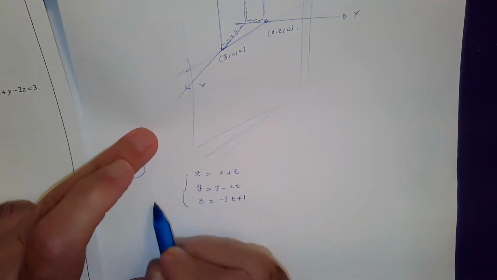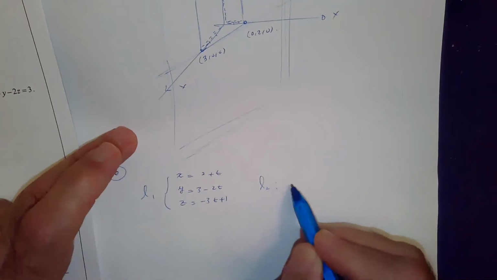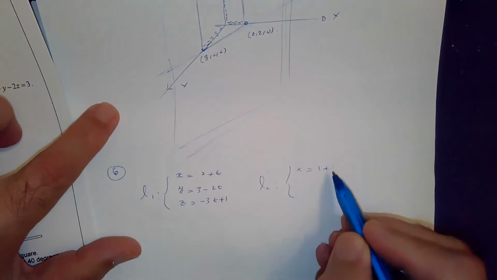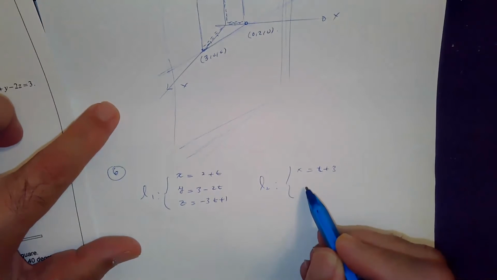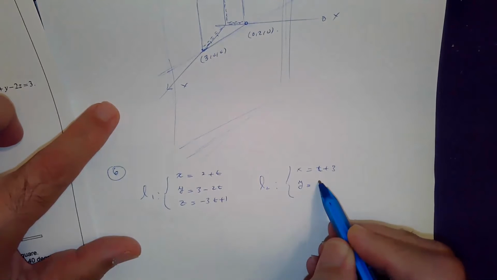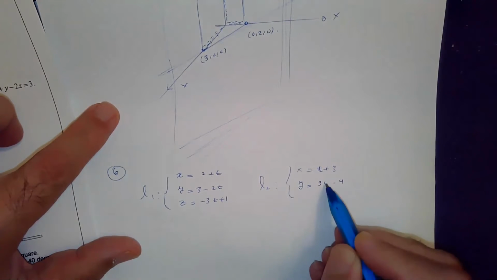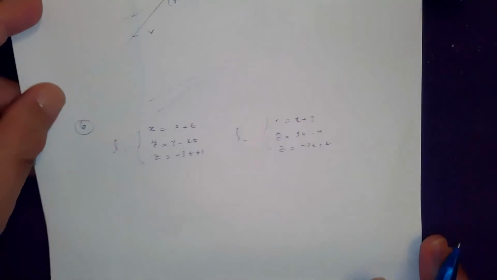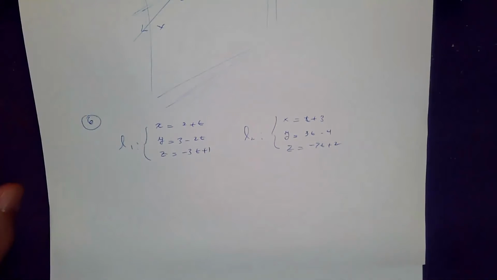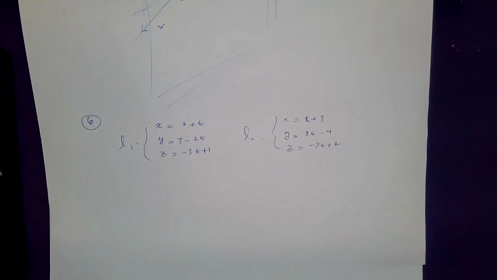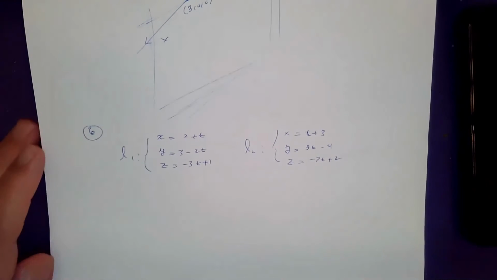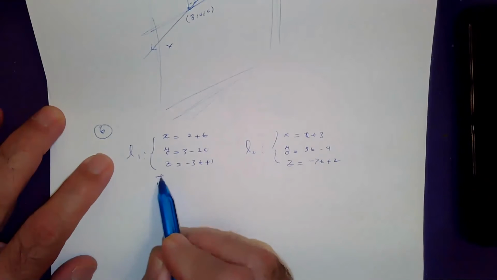That's L1, and L2 is: x is equal to t plus 3, y is equal to 3t minus 4, and z is equal to negative 7t plus 2. First of all, how do I know if these lines are parallel or not? How do I examine the parallelism of these two lines? Can you tell me what's the direction of this line?